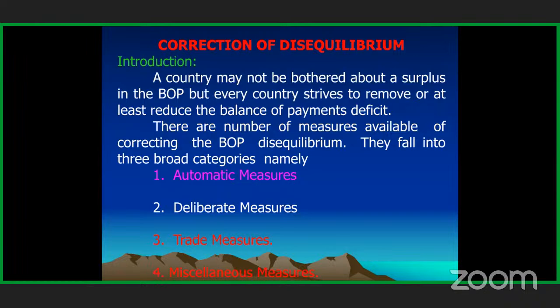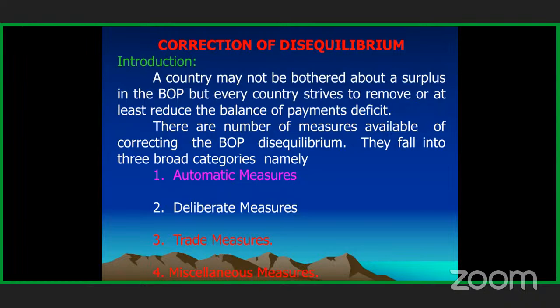This may lead to correction of the disequilibrium in balance of payments. There are a number of measures available for correcting balance of payments disequilibrium. They are two broad groups, namely automatic measures and deliberate measures.